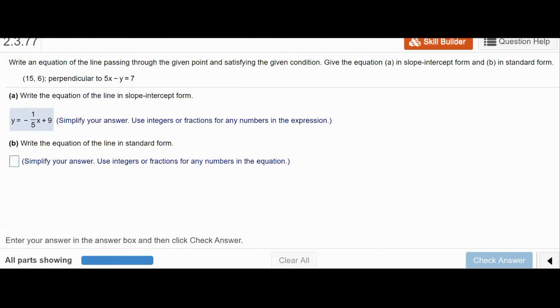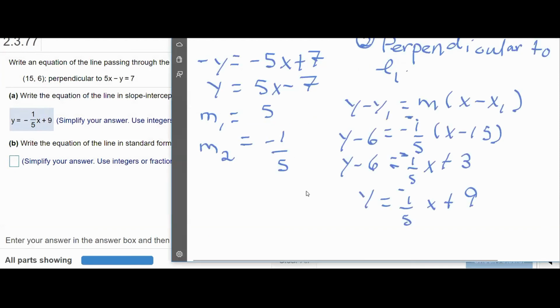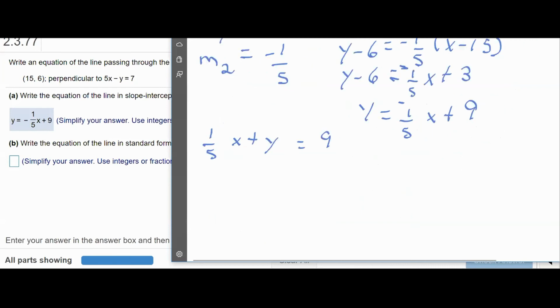Now we need it in standard form. So I will be adding 1/5 x. And then I've got to multiply both sides by 5 to get rid of that fraction.